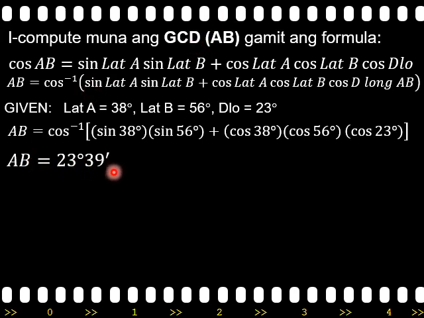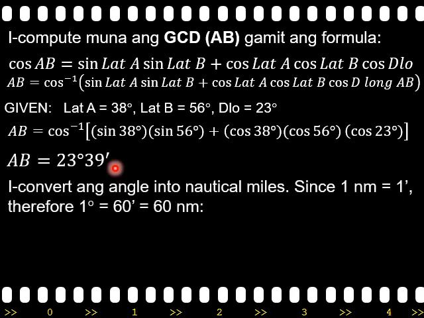Now, since measured natin ang mga great circle distances in terms of nautical miles, kailangan natin i-convert yung angle into nautical miles. Now, we know that 1 nautical mile is equivalent to 1 minute of an arc on the Earth's surface.